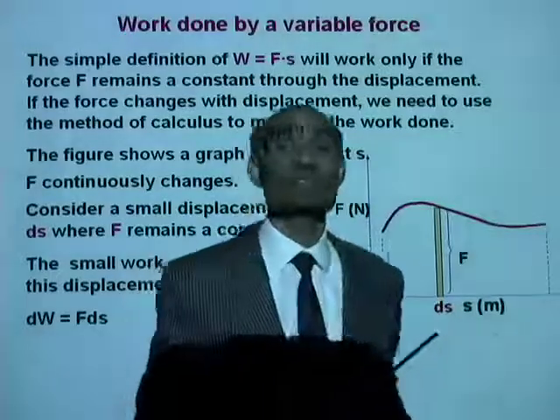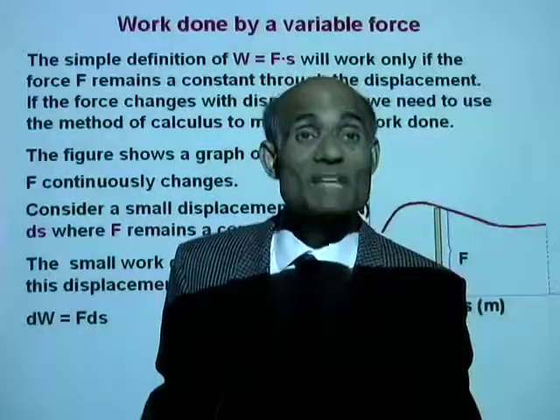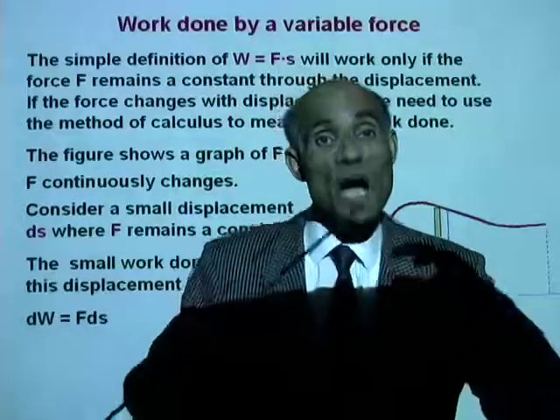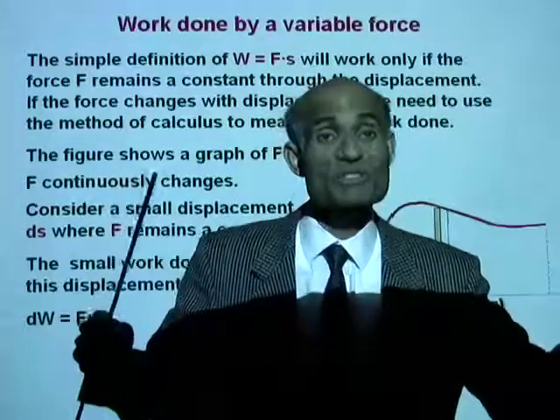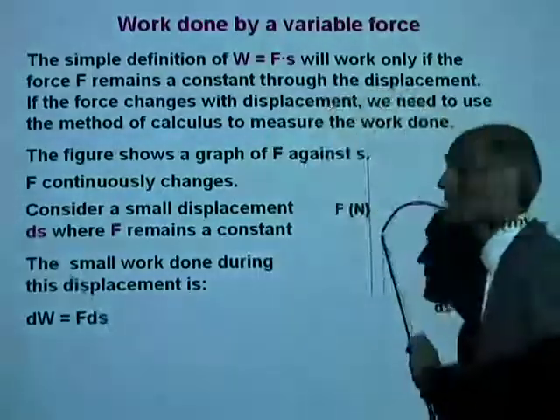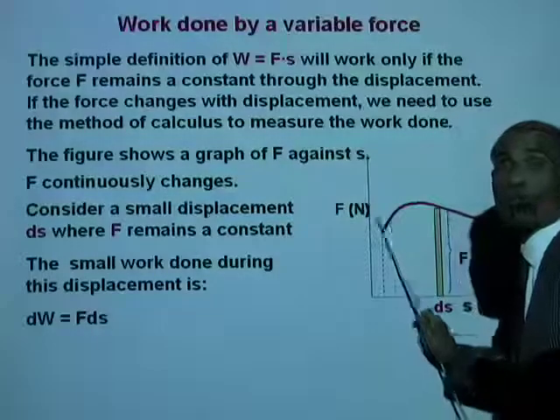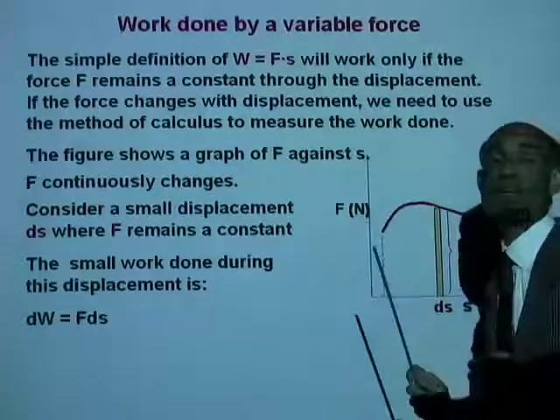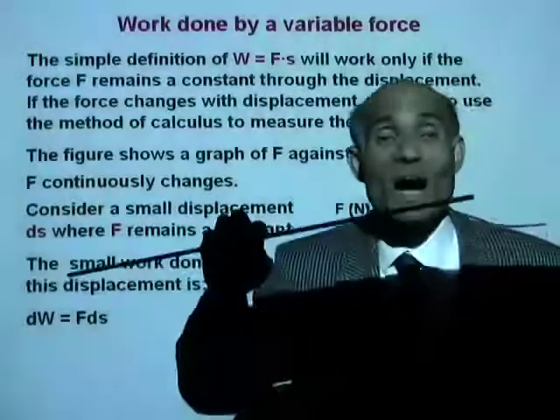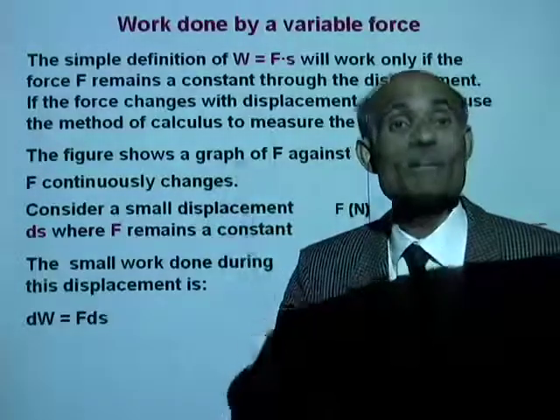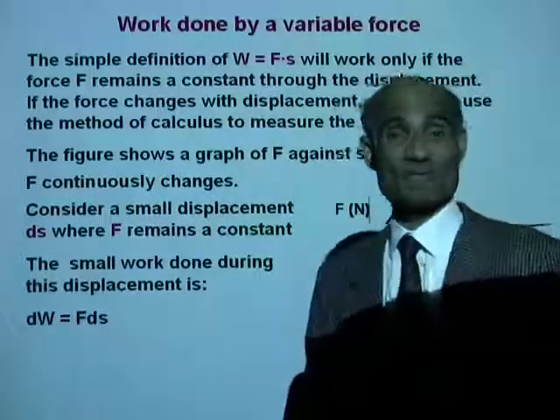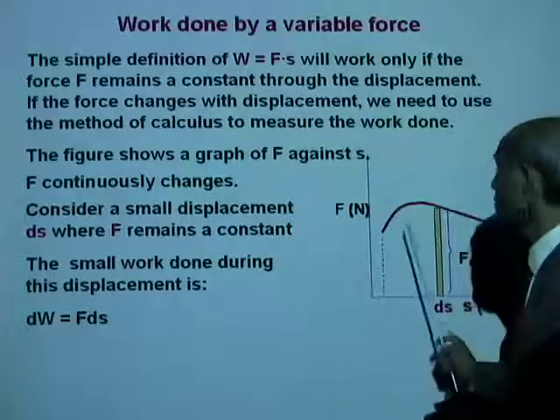In other words, simply stated, no matter how the force changes with time, if you have the graph of force versus displacement, the area under that graph will be a measure of the work done. I want you to understand that concept.